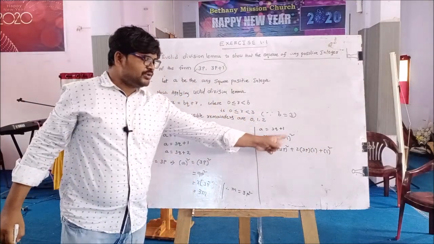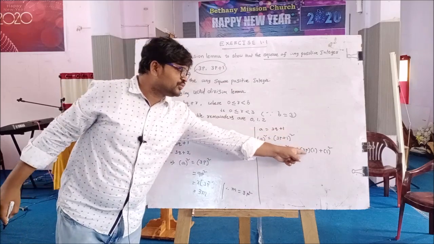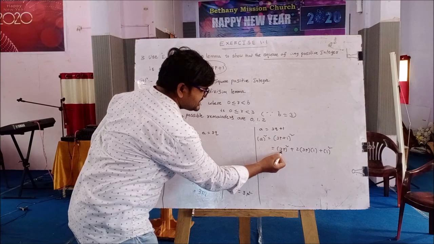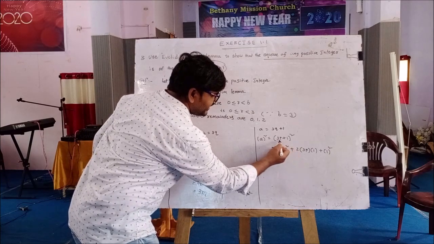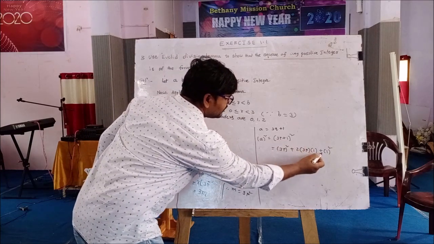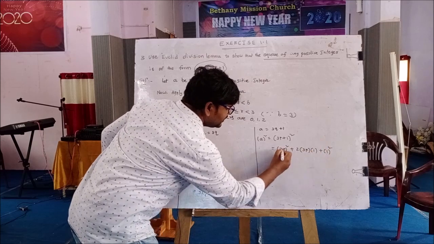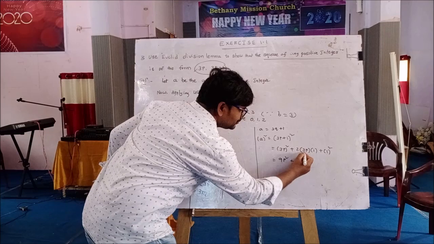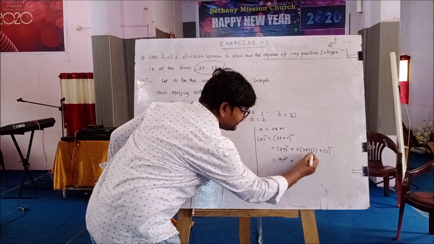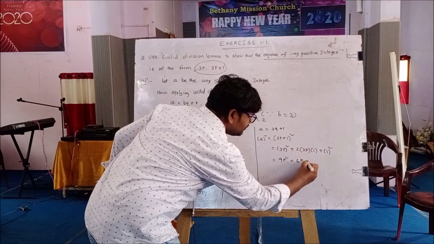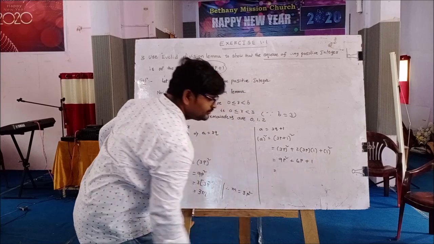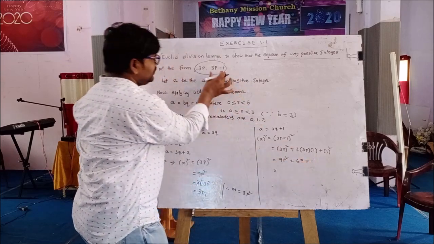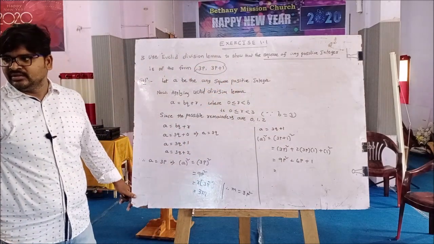This is a plus b whole square: a square plus 2ab plus b square. With a value 3p, 3p square is 3 square, 9, so 9p square, plus 2 into 3 is 6, 6p, plus 1 square, 1. So 9p square plus 6p plus 1 is converted into the form 3p plus 1. It's clear?